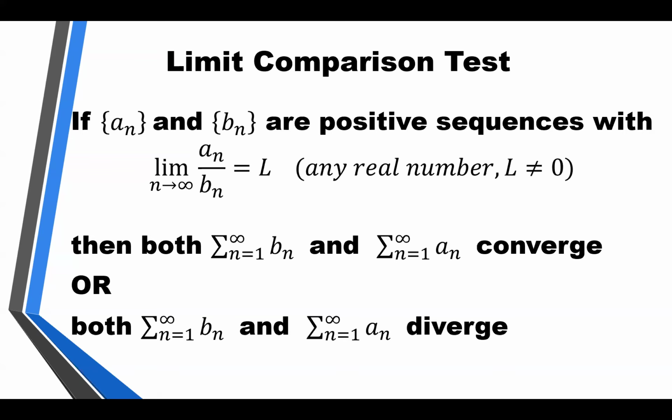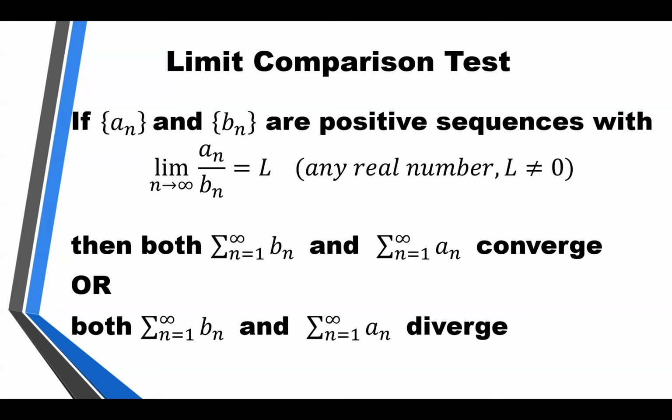And if I look at the ratio of those sequences and take the limit of that ratio as n goes to infinity, if that ratio is any non-zero real number, then both the infinite series when I sum up b sub n and the infinite series when I sum up a sub n are going to converge, or both series will diverge.